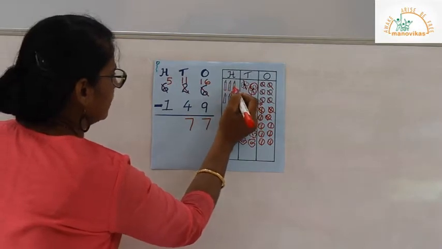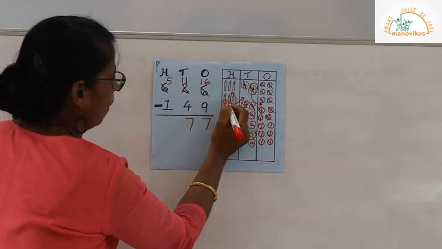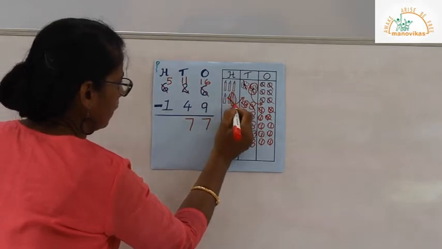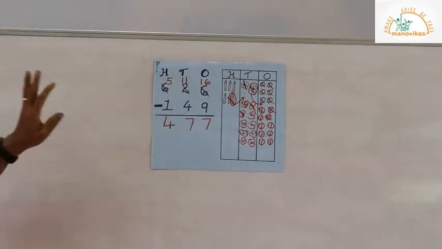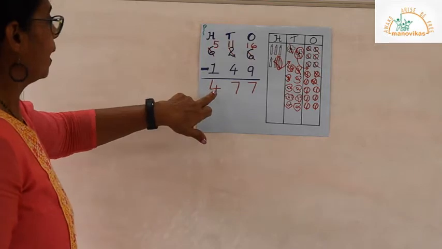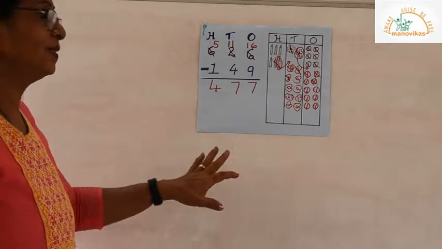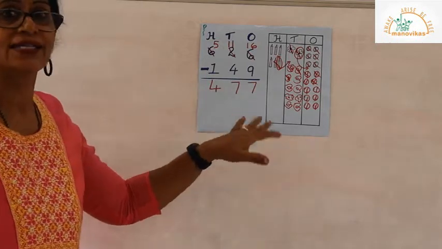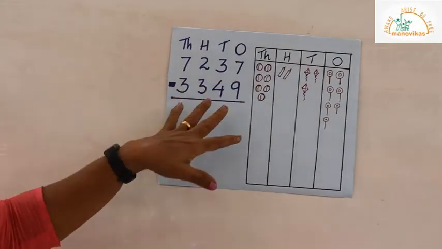So we take away 1 from 5 and our answer, the difference, is 477. Let us try with 4-digit numbers.